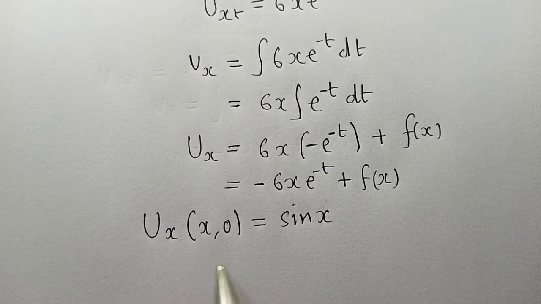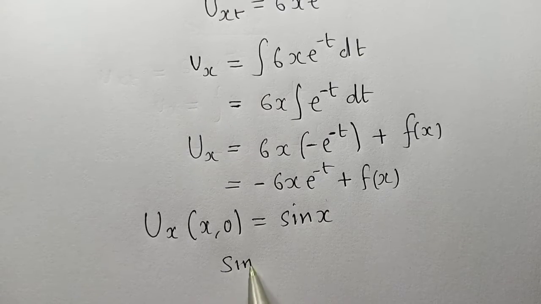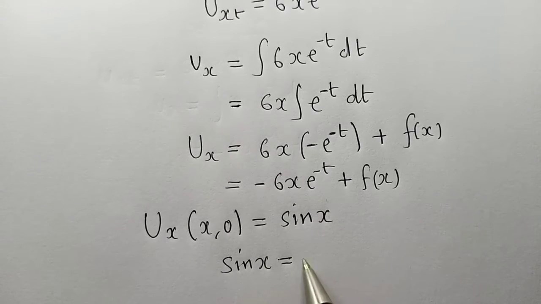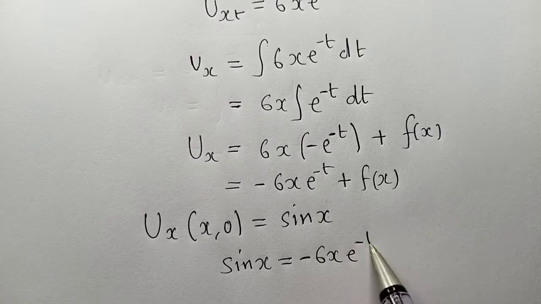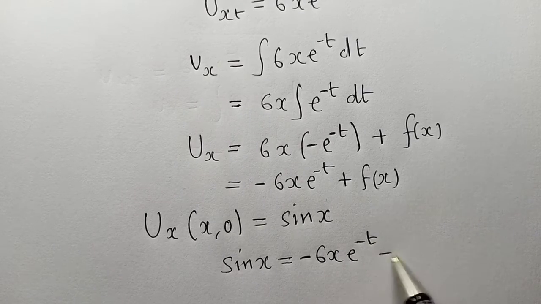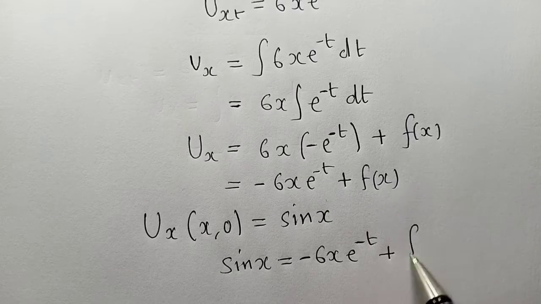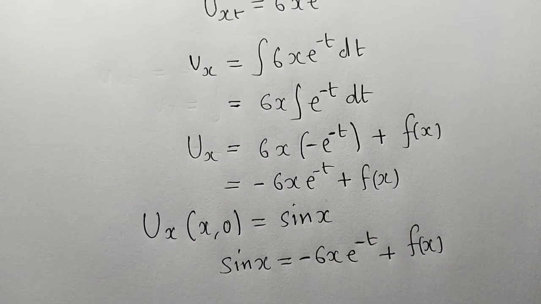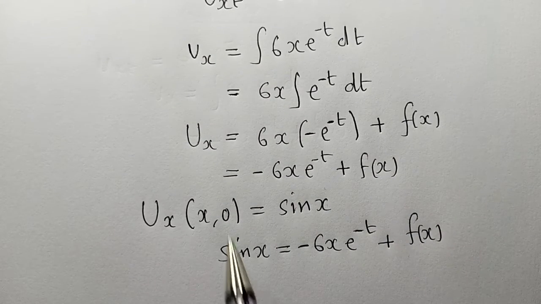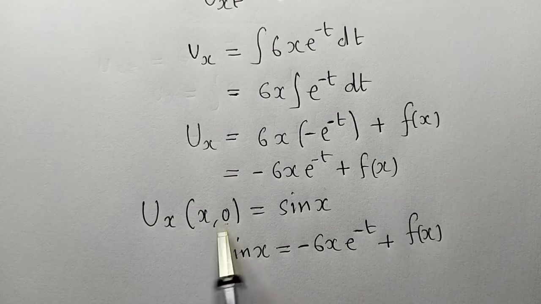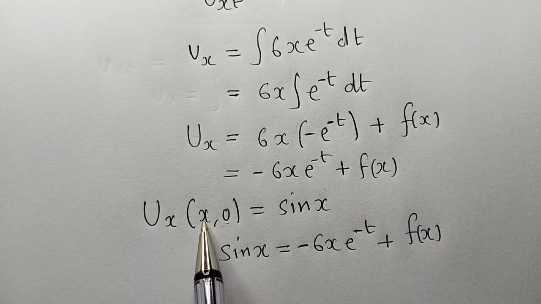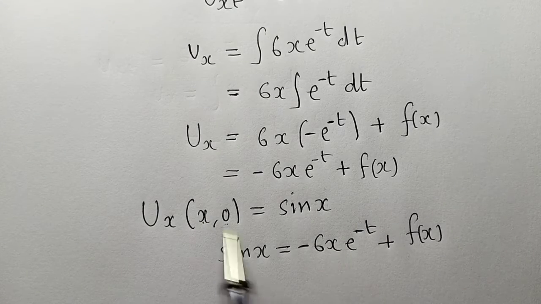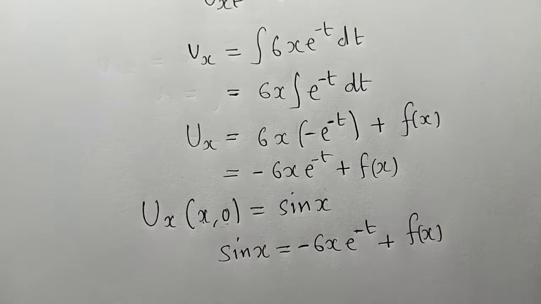So we're going to say sine x is equal to negative 6x e power negative t plus f of x. Now following this condition, wherever we see x we maintain it, but where there is t we substitute a 0.